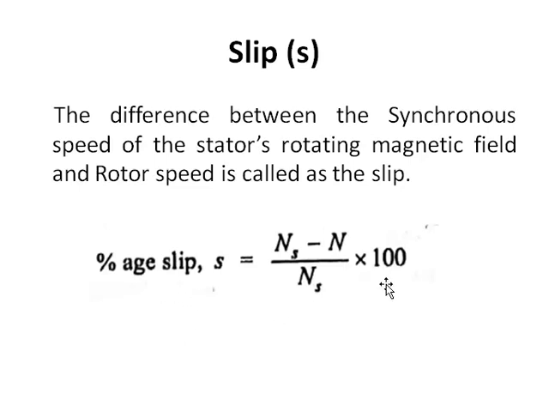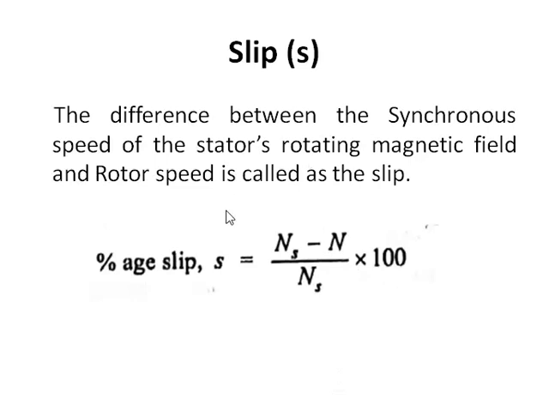In case of a percentage, slip s is equal to ns minus n divided by ns into 100, that is the percentage slip. Slip can also be represented as ns minus n divided by ns, in fraction form. That fractional value would always be less than 1.